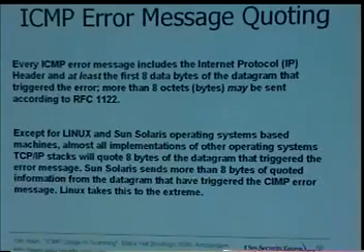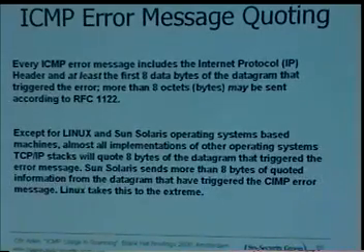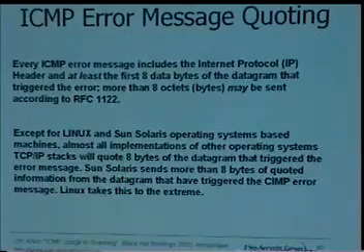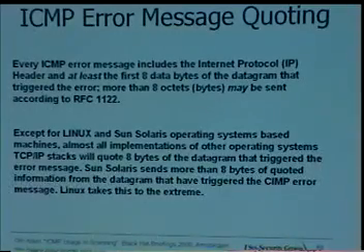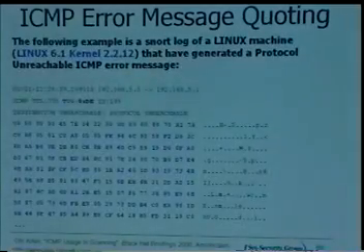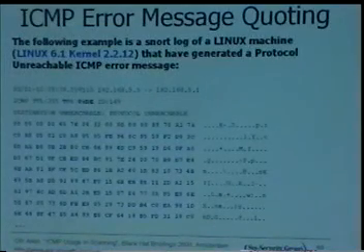Another nice thing is ICMP error message quoting. The RFC says we should use 8 bytes on the quote from the offending operating system other than the IP header, which is quoted. Well, Linux and Solaris quote more. Solaris just quotes more, and Linux takes it to the extreme.